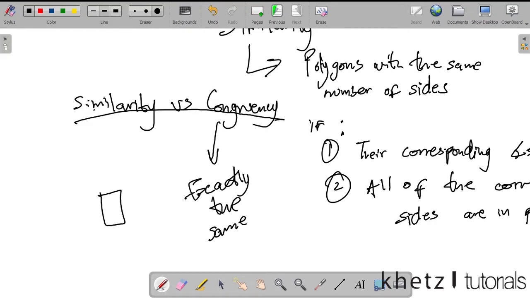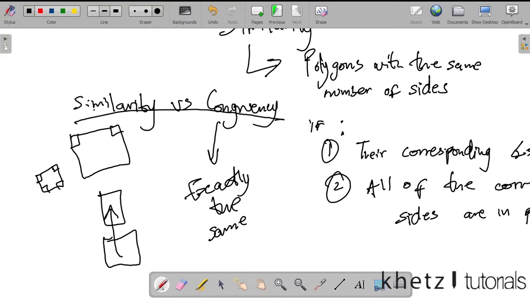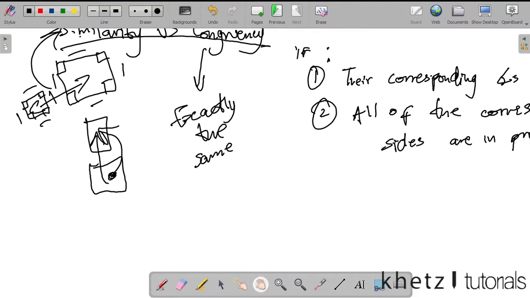Which means if I have a square here and I fit another square exactly onto the other one, they are congruent. But if I have a bigger square and a smaller one, and they obviously have the same angles, and each of the sides are proportional to each other, then we say that these two are similar. But in this case, if this fits exactly into that, it has the same angles everywhere, and the exact length for each side, then these are congruent.